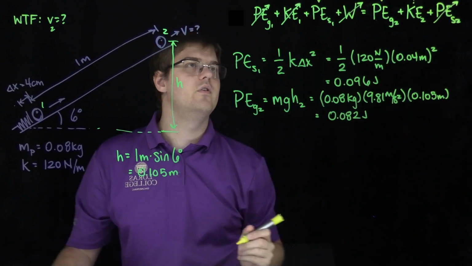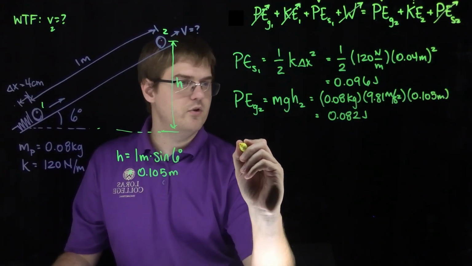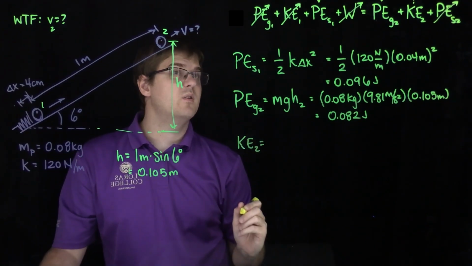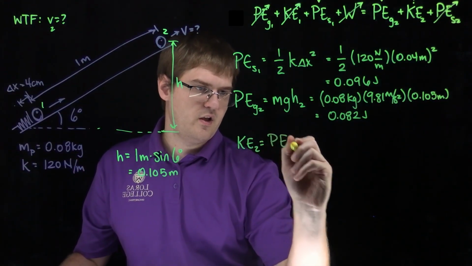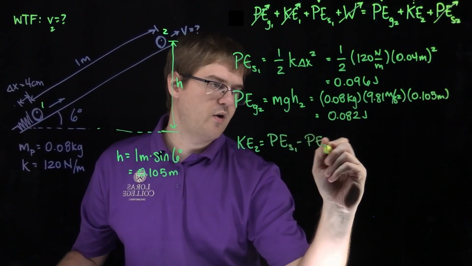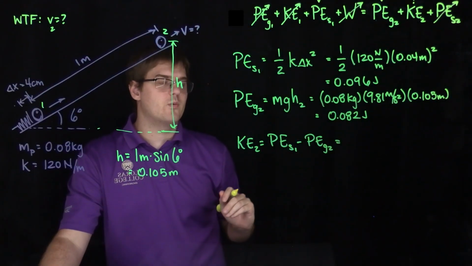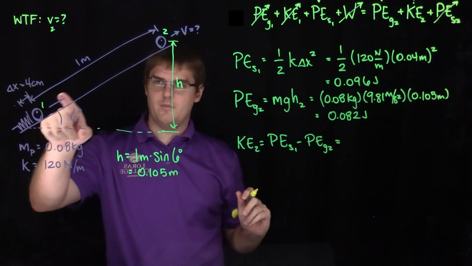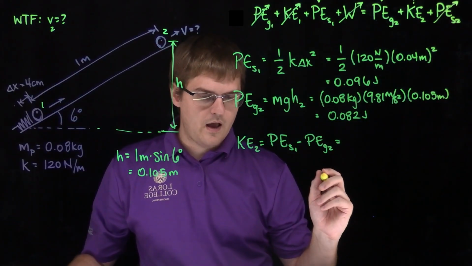I want this, but that is enough to say that my kinetic energy at time 2 is going to be equal to my potential energy of my spring at 1 minus my potential energy of my gravity at 2. Some of my spring energy has gone into gravity. The rest has gone into how fast I'm going. Again, keep in mind this is only working since this is a frictionless surface.